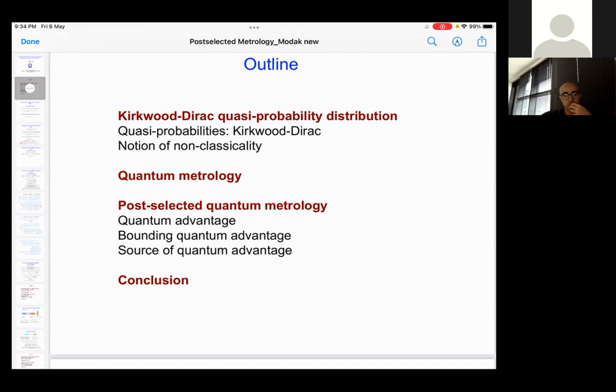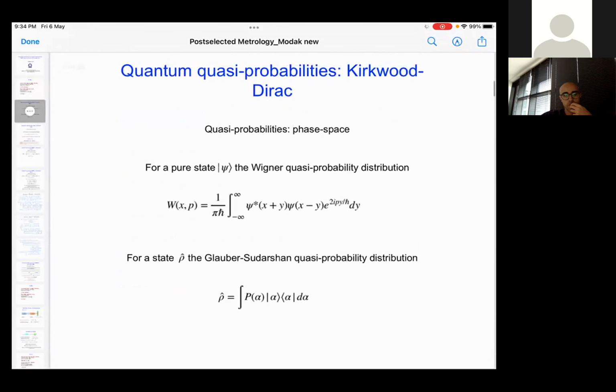So these are 2 kinds of quasi-probability distribution coming from the phase-space distribution. These are very well-known quasi-probability distributions. The first one is the Wigner distribution, and the second one is the Glauber-Sudarshan P distribution. Here, alpha labels the coherent state space. Apart from these, around that time, Kirkwood also introduced a quasi-probability distribution, which is not as well known as these 2.